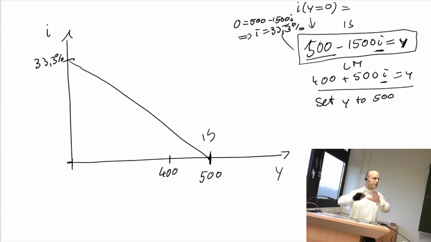You can use, of course, any number, but just to find how our curves look like, then you have 500 equals 400 plus 500i. Sorry, and then we have 100.